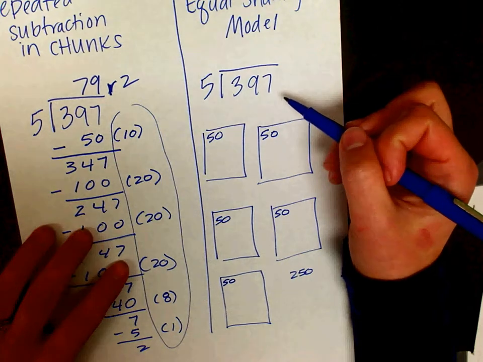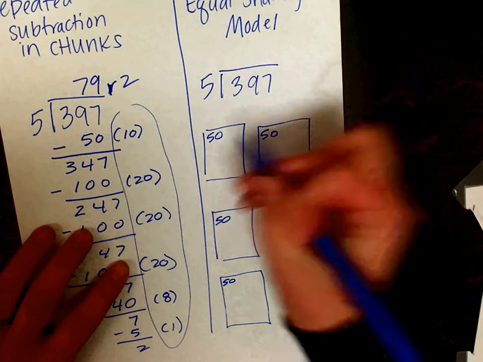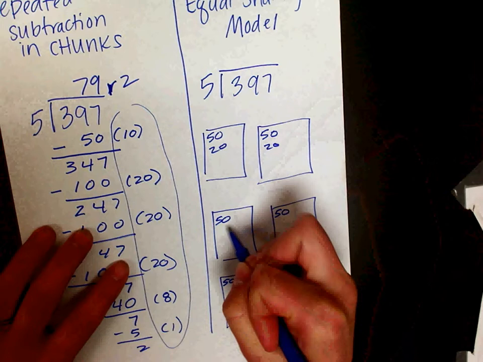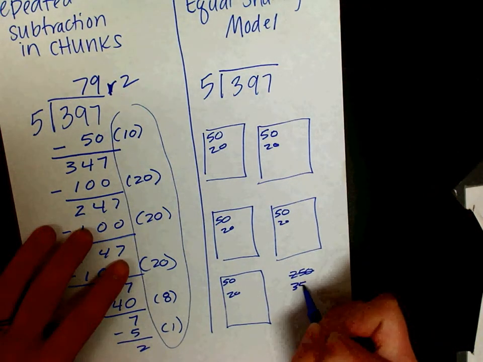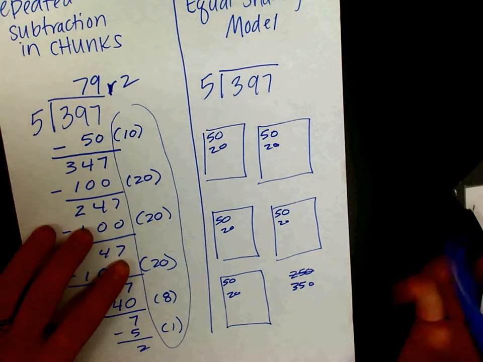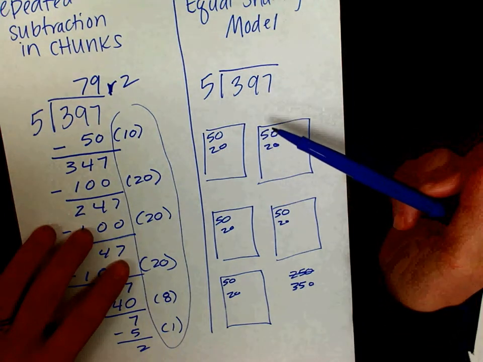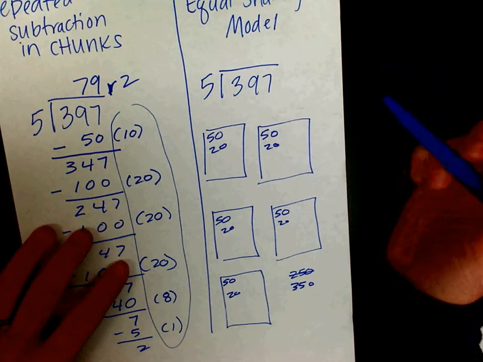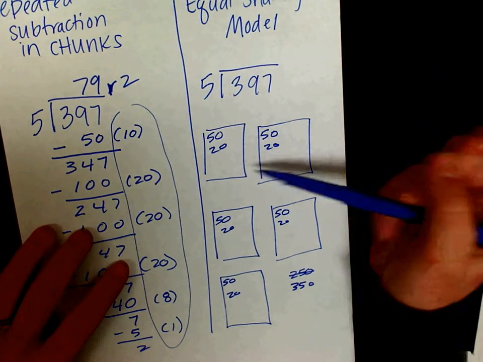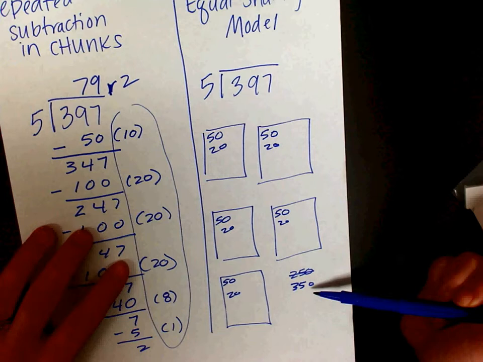I know that I could probably go 20 in each box. 60, 80, that's another 100, so I'm up to 350 out of the 397 erasers. And so I'm going to go a little bit smaller now. Let's see, if I did 10, I'd be up to 400 erasers, and that's too many.